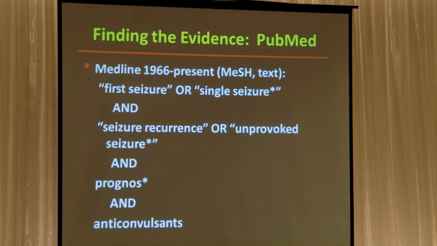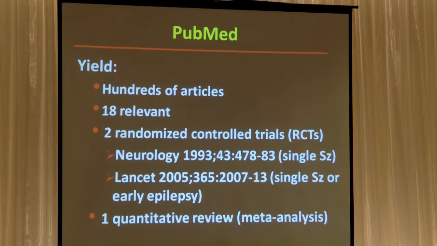And you probably know, and we'll talk about that if you're doing an exhaustive search, you shouldn't restrict yourself to Medline interfaces. But if you do that for this question about early anticonvulsant therapy in a patient like the one we've discussed, you'll come up with hundreds of hits. And we'll talk about how you filter that down into the relevant number of topics.